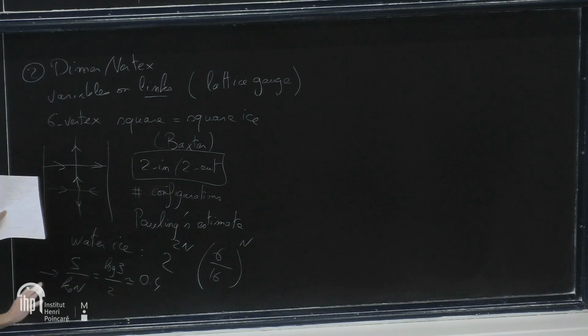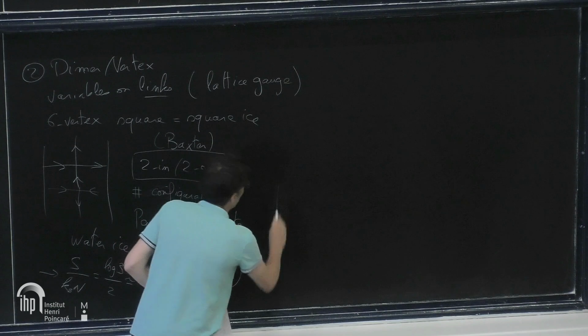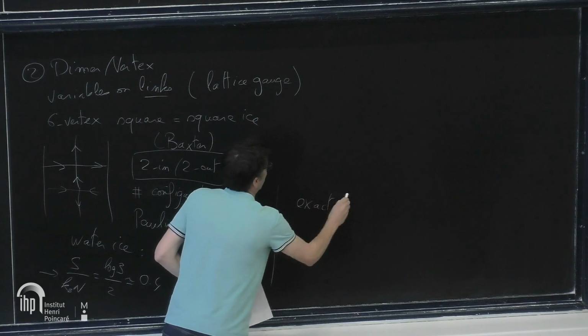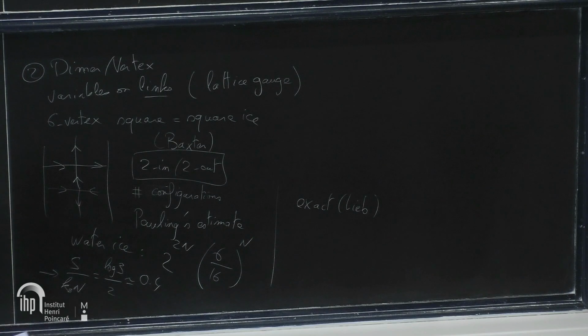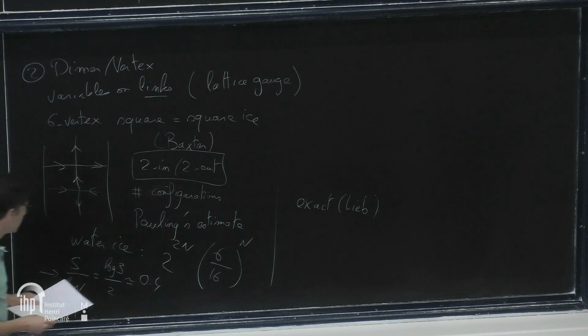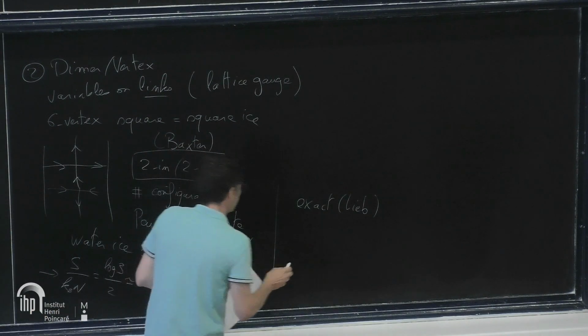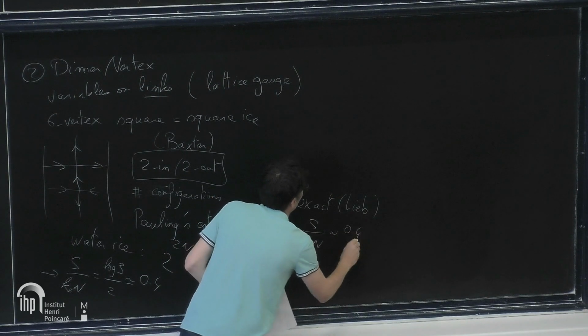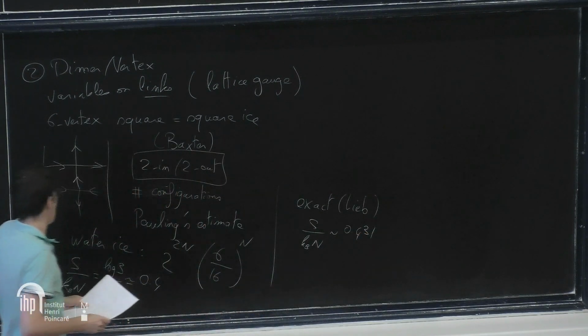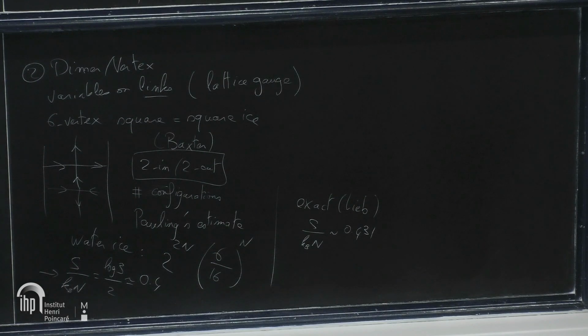But for this model, which is simpler, there is an exact solution by someone famous we have heard many times, Elliott Lieb. He could compute that exactly and show that this entropy is 0.431. So you see, okay, 10% error, but from a very crude approximation compared to a very involved calculation.